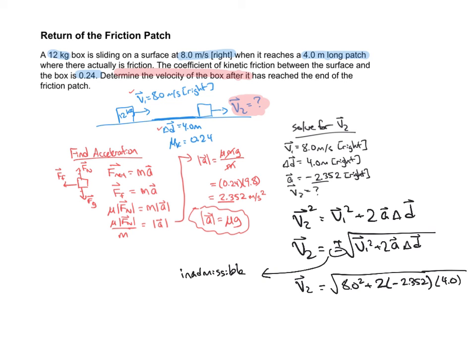Okay, quick look at my signs. My signs are looking good. I've got a negative in there for the acceleration, which is going to make that second term negative, which is what I want because I know this is supposed to slow down. So I need to subtract it from the v1 squared there. So that's good.